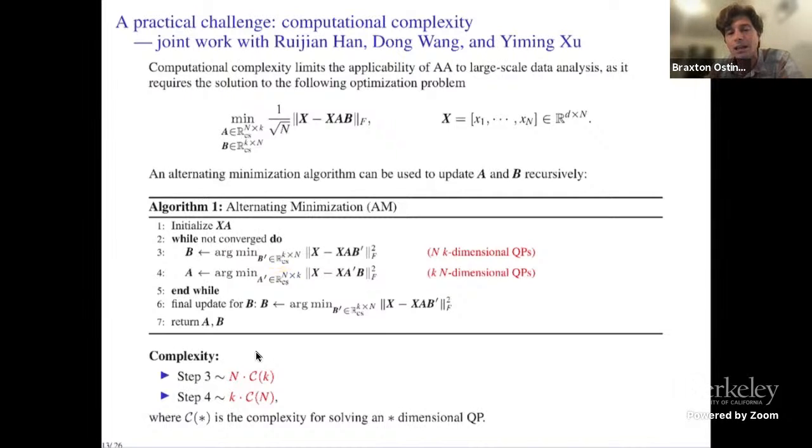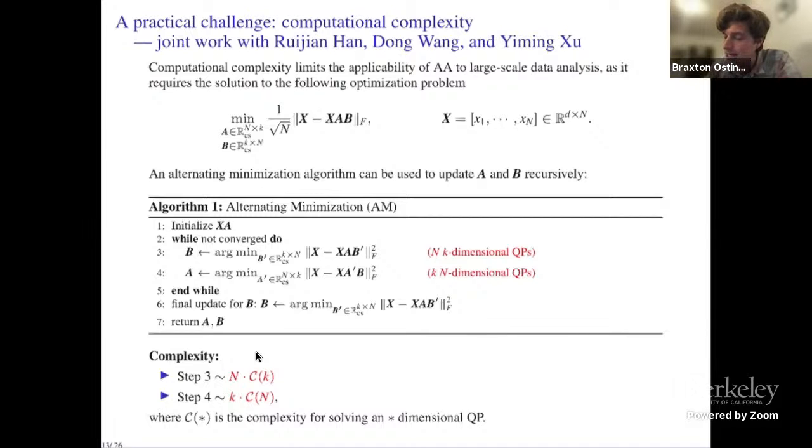And actually this decomposes further. Remember, B gives the convex combinations of the archetypes that give you back the projection onto the polytope. So you can think about this as n k-dimensional QPs that you have to solve in this step.